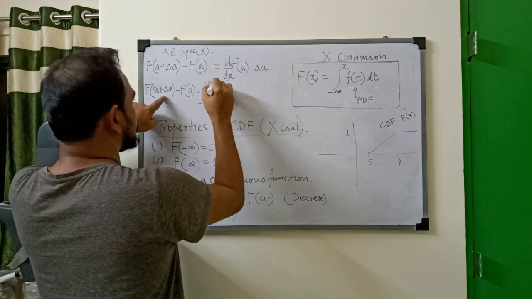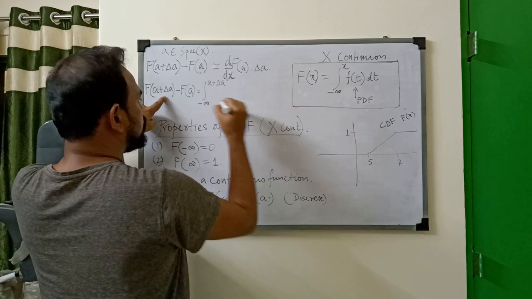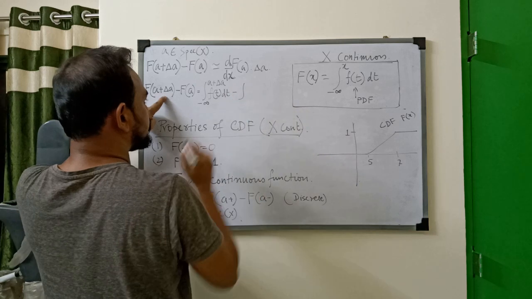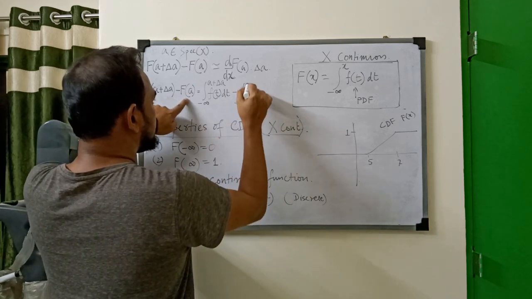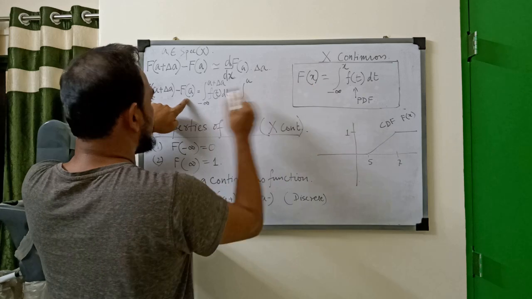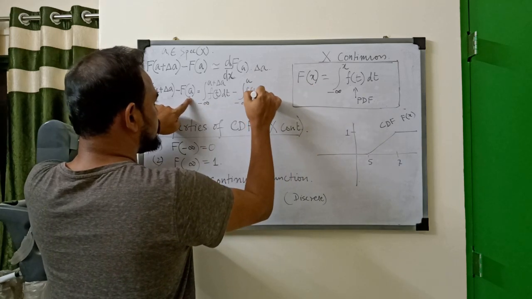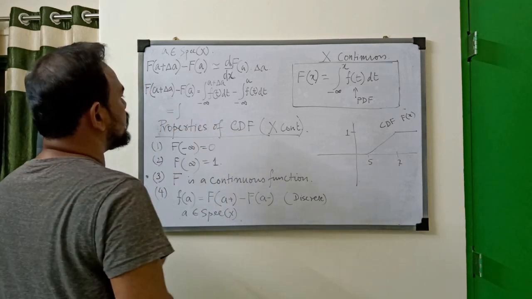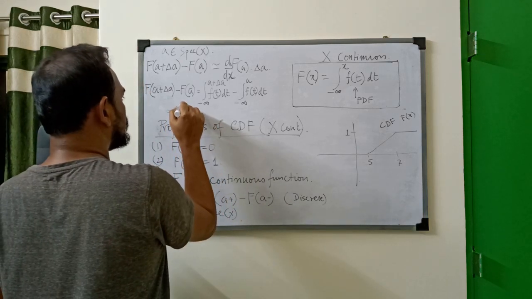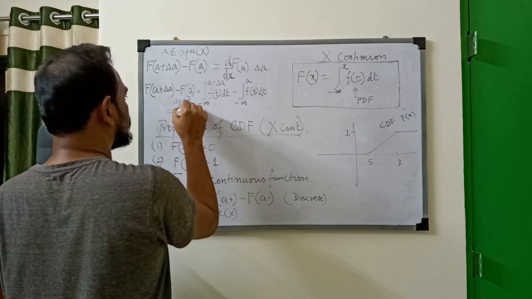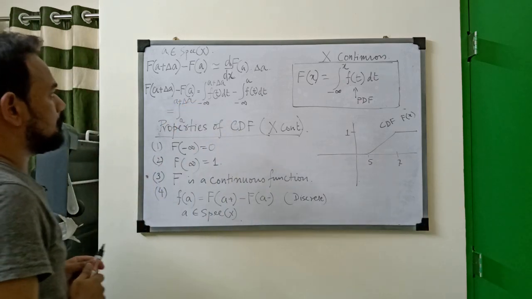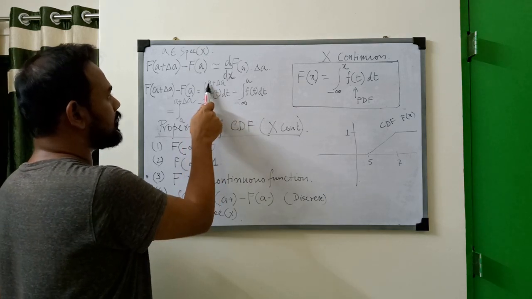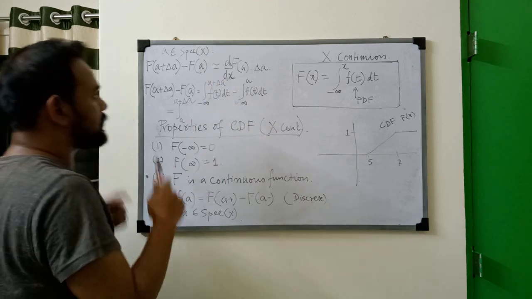The first one will be the integral up to a plus delta a of f(t) dt, minus the integration from minus infinity to a of f(t) dt, and that really would be the integration from a to a plus delta a, because the first integration includes the integration from minus infinity to a and goes beyond up to a plus delta a.